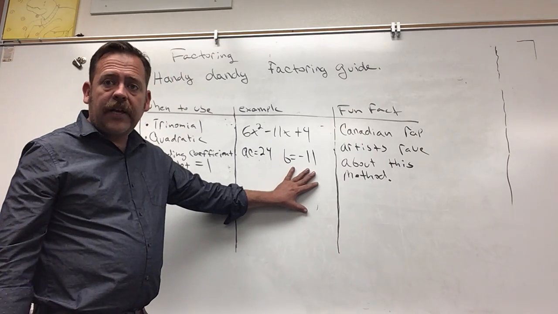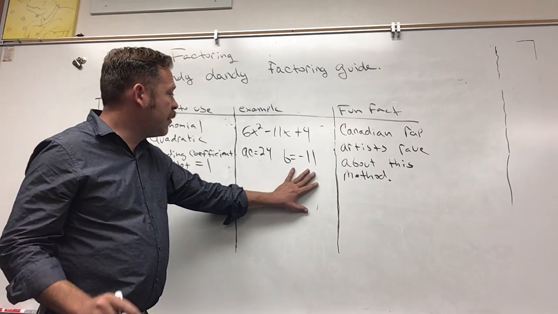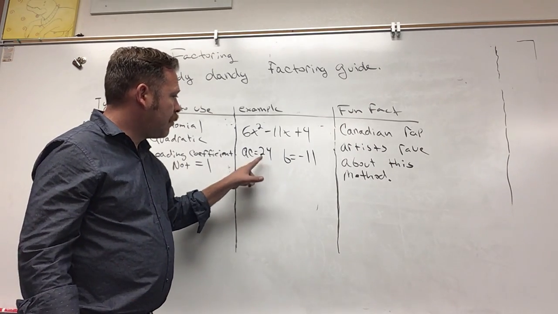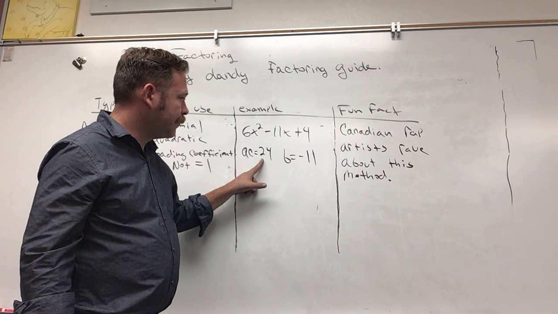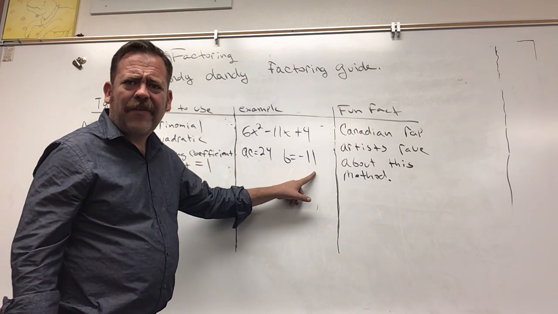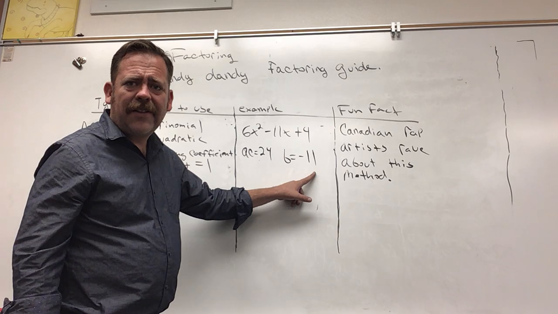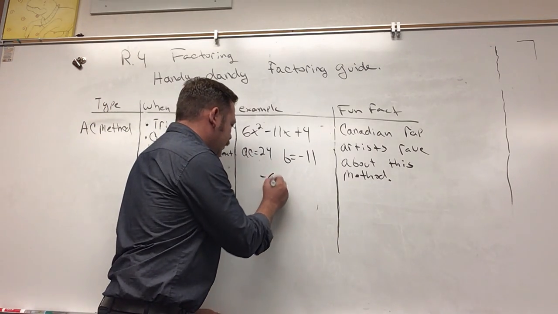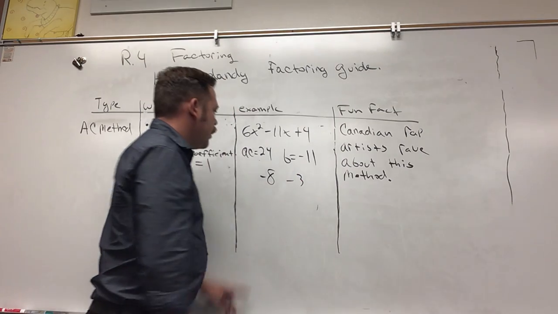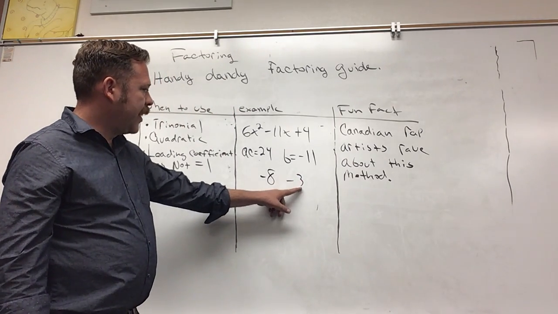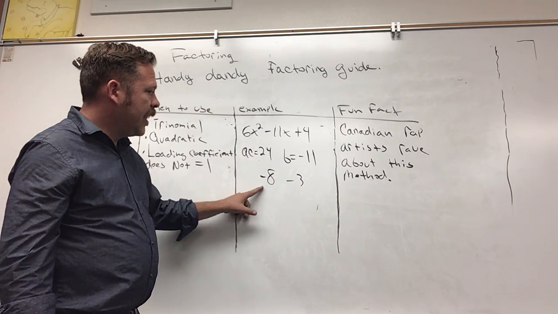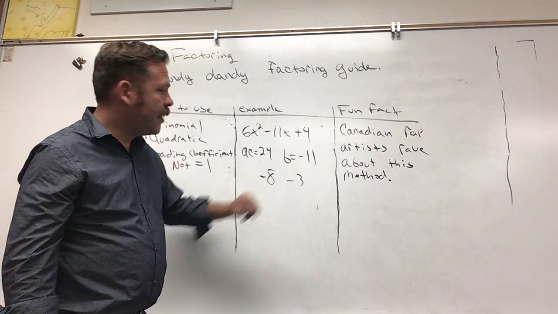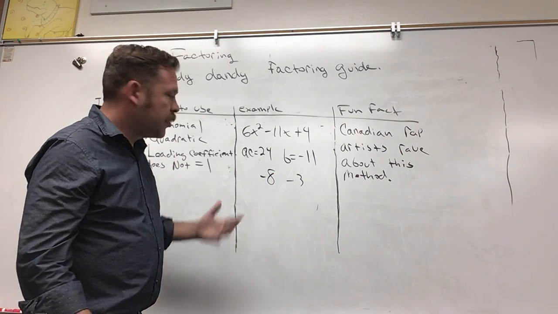My B is negative 11. Now I need to find two numbers. Those two numbers have to multiply to 24 and add to negative 11. What do you think they are? Who said negative 8 and negative 3? Look, negative 8 times negative 3 is positive 24. Negative 8 plus negative 3 is negative 11, all right? So those are the numbers.